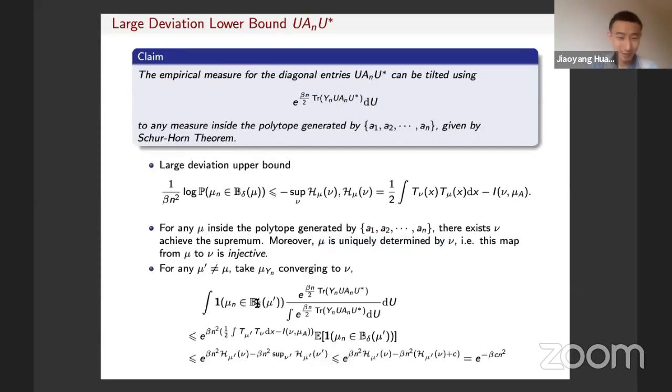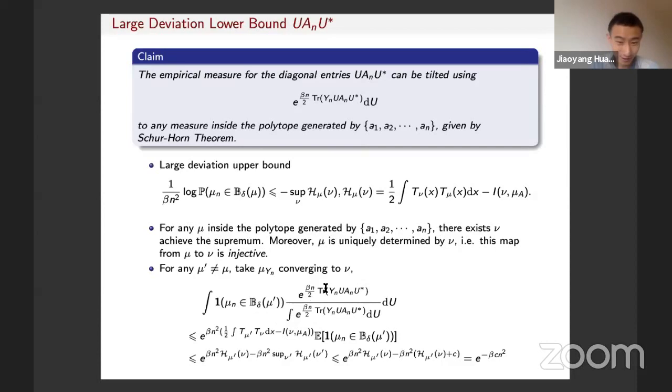So for this one, to show it is exponentially small at any mu prime, first we can simplify this expression. The denominator is the spherical integral, so we get I of nu, mu, A. Here the empirical measure of Y n converges to nu.